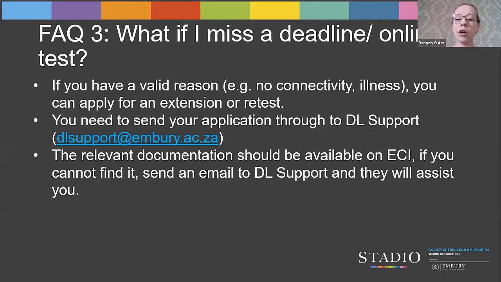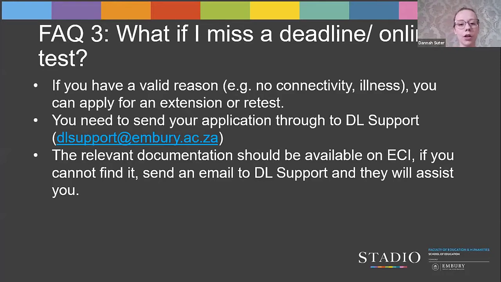The information on how to apply is on your ECI page, and the application is on your ECI page. Not your ACL ECI page, but the home page for ECI. But if you're struggling to find that, you can always send DL support an email and they will help you with that. And if you want to send me an email, I can send you the PDF with the instructions for the extension process.